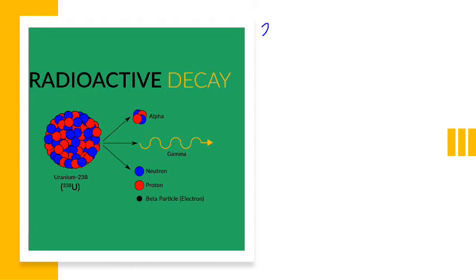The first one. Alright, here we need to look at our equation. What are some things we notice? We notice we have an alpha particle, so we know this is alpha decay.